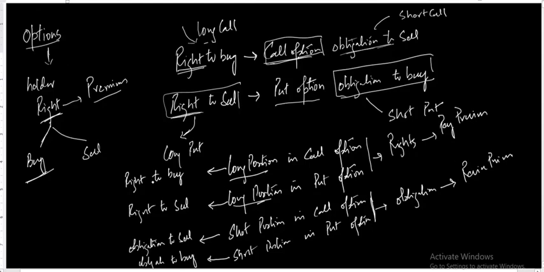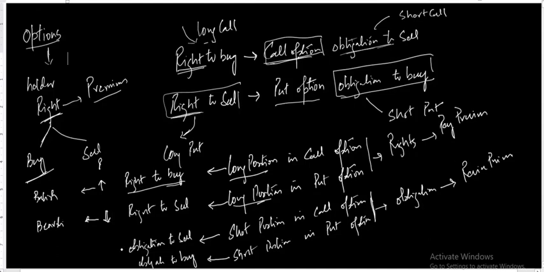So, since he has a right to buy, he would expect the prices to rise. This party has a right to sell, so he would expect the prices to fall. Since he is expecting the prices to rise, he is bullish. Since this party is expecting the prices to fall, this party is bearish.